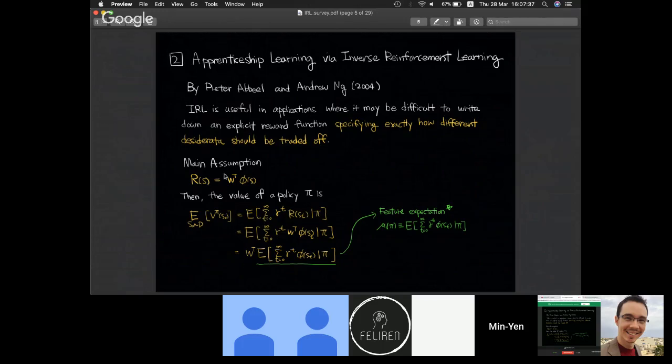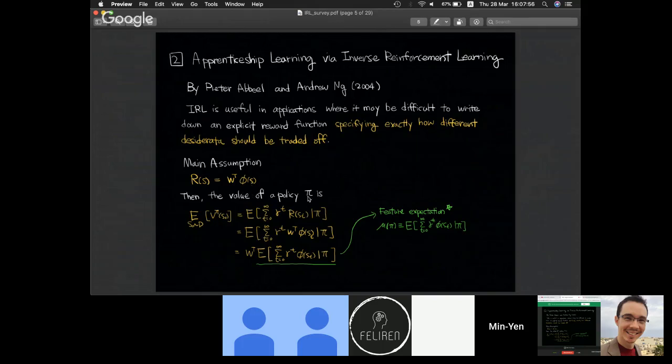right? So the main assumption is the reward function is something that can be calculated through parameters, and that's a function of the state, right? The reward is a function of the state.